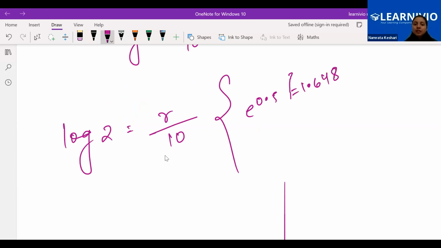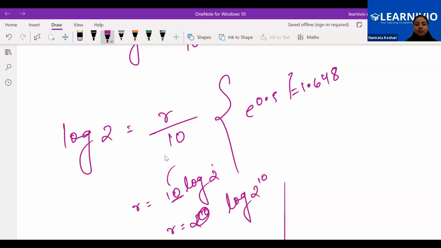Okay, r value we have to find. So r is equal to, we can write, 10 log 2. This 10 we can take in the power of 2, right? Here we'll be having just r, and even when we are writing it in power, logarithm will be there. And here base is e.